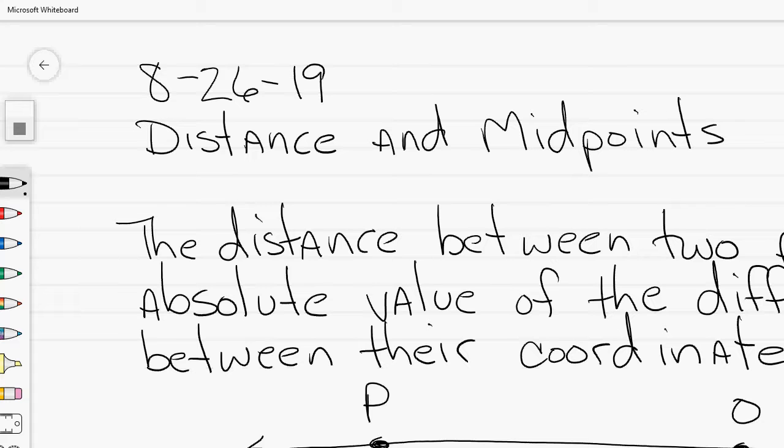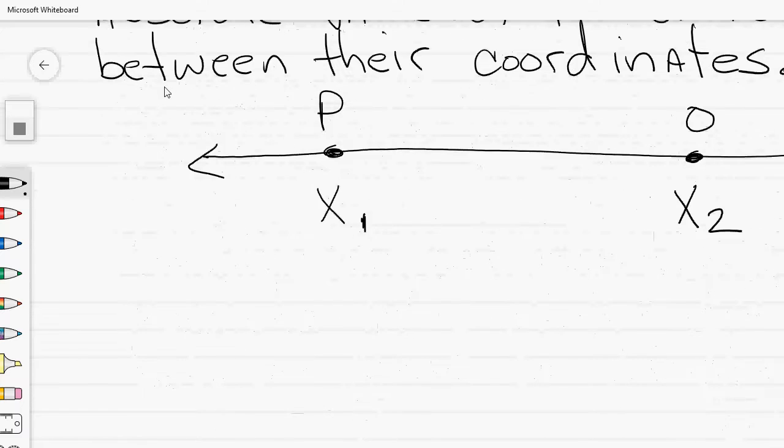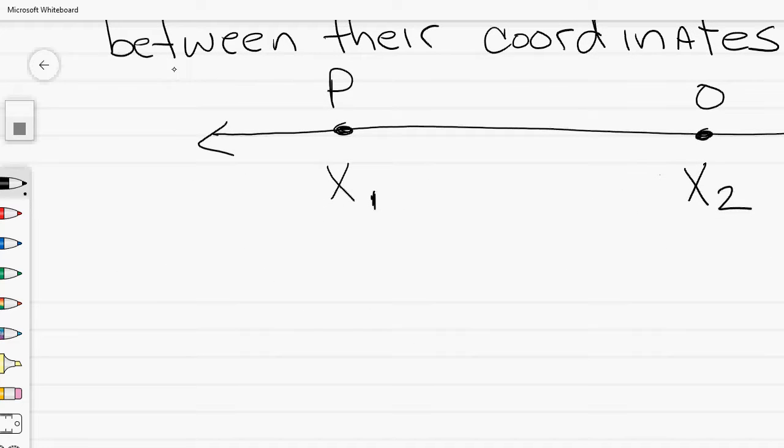And this formula for the distance between those 2 points, we're going to say PQ is equal to the absolute value of x sub 2 minus x sub 1.